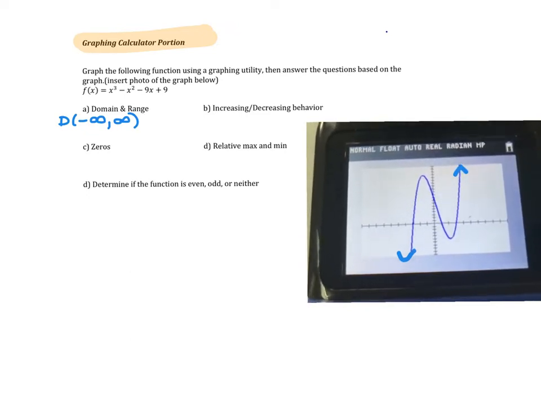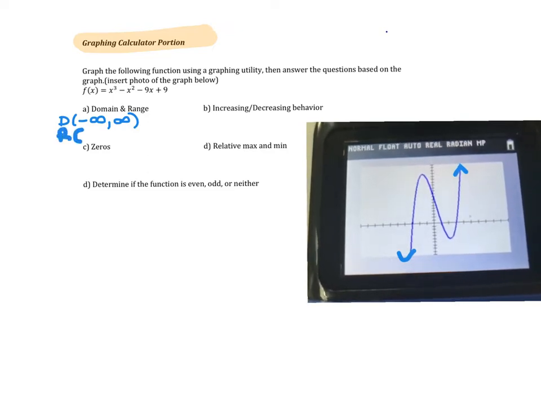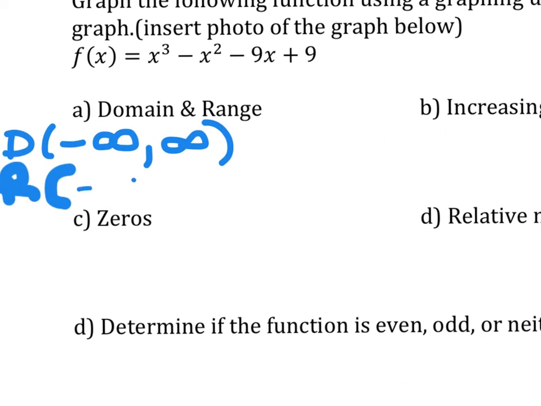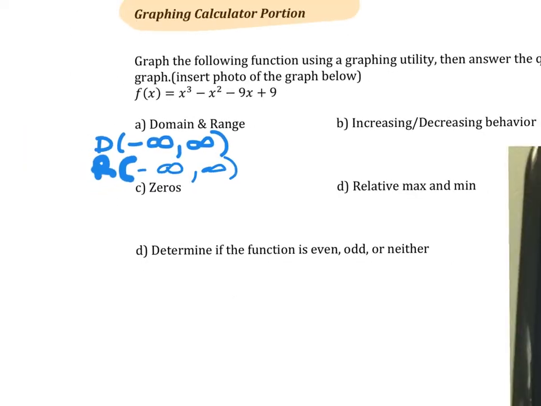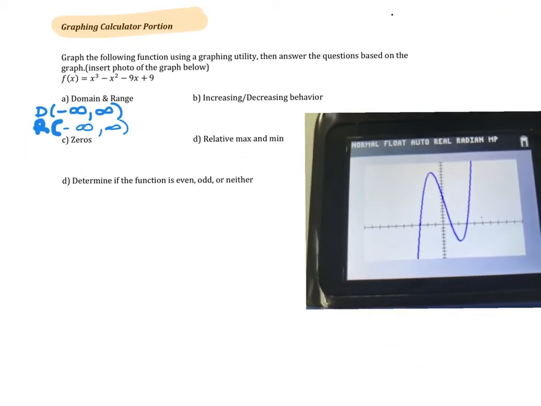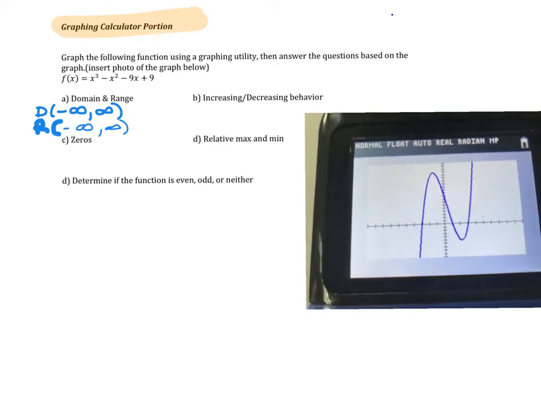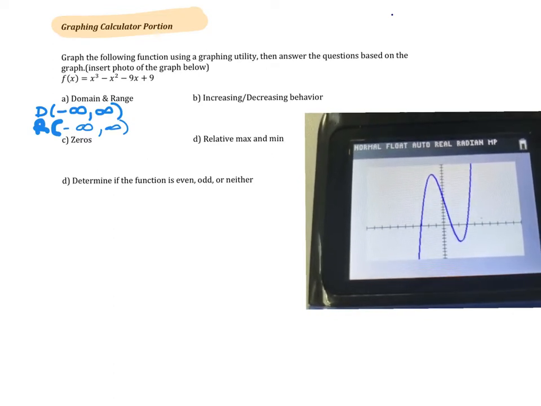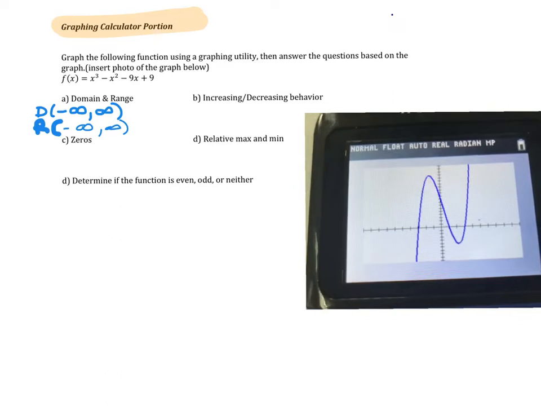Those are arrows, which means my range is also negative infinity to positive infinity. Questions so far?